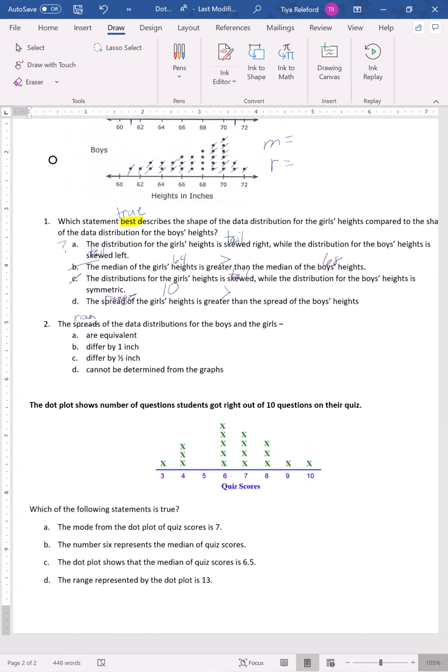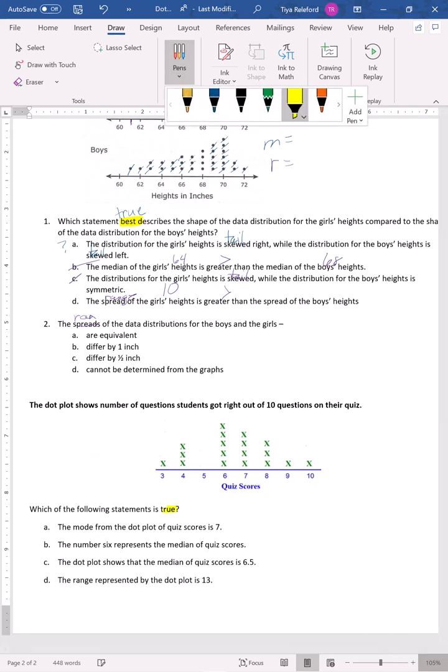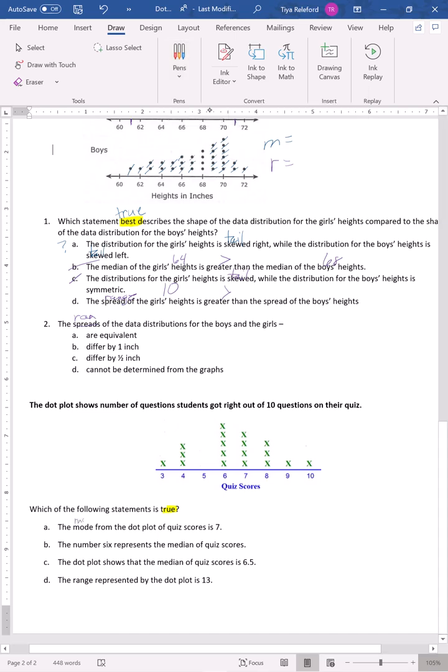Now it says the dot plot shows the number of questions students got right out of 10 questions on their quiz. Which of the following statements is true? The mode, the most, from the dot plot of quiz scores is 7.